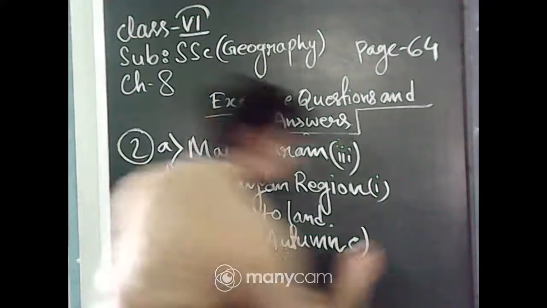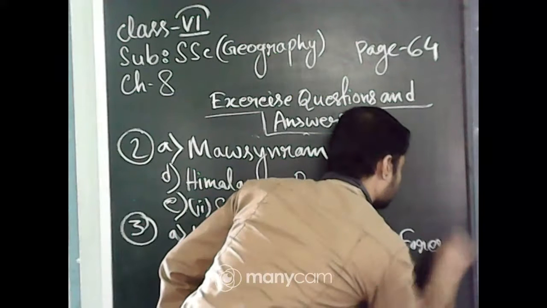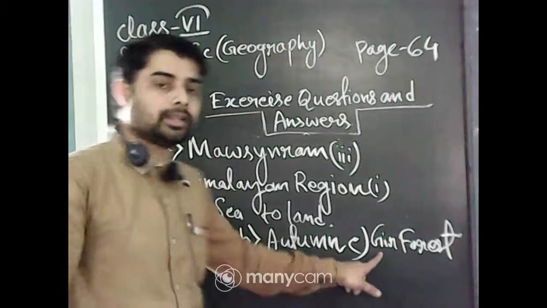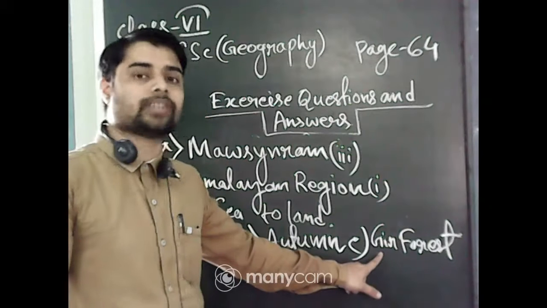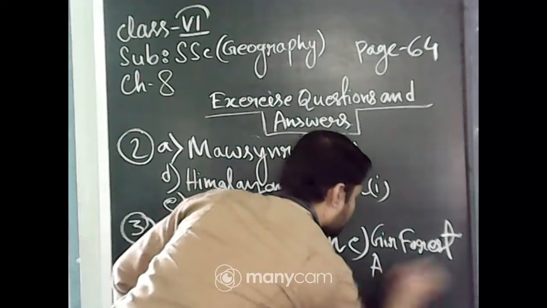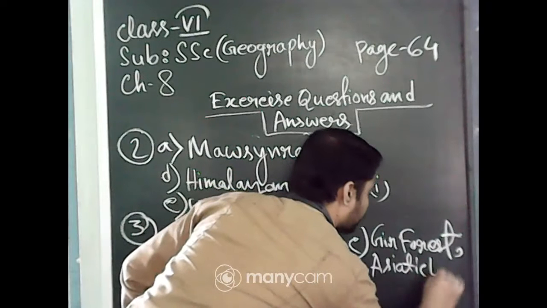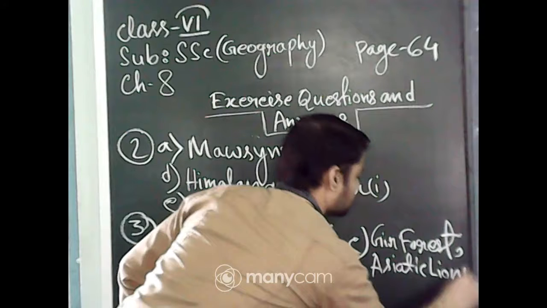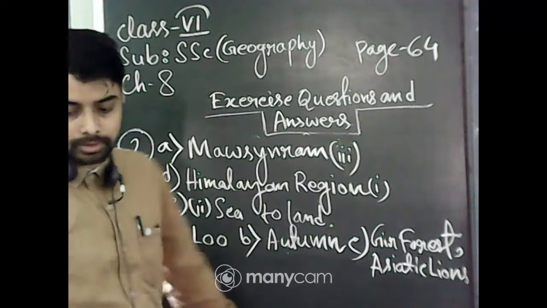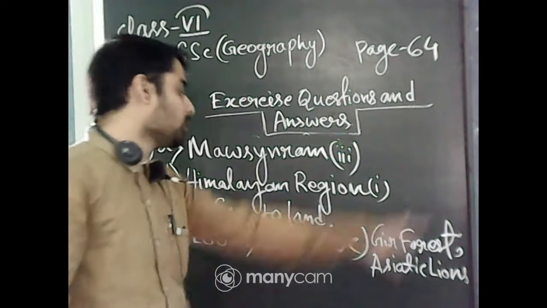It is the Gir forest in Gujarat. And Gir forest is the only place in India where we can see the Asiatic lions. So Gir forest in Gujarat is the home of Asiatic lions.